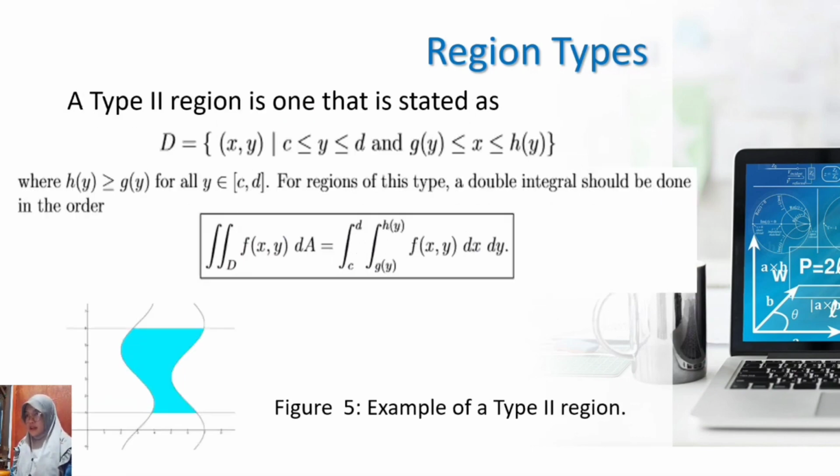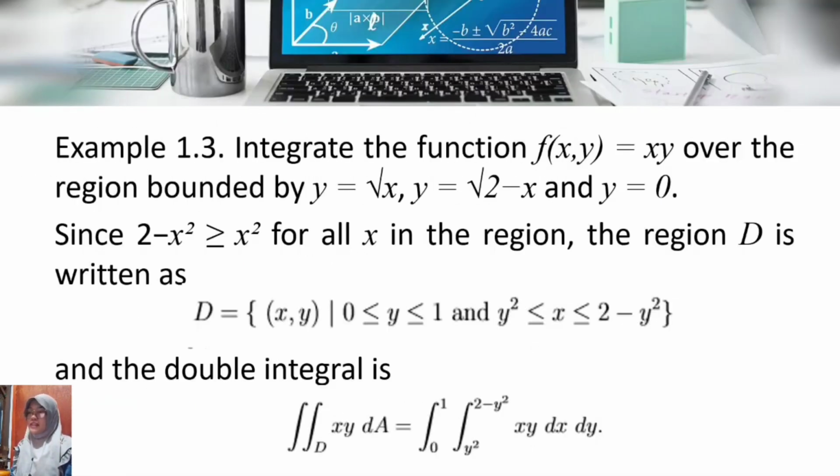So let's have an example. Integrate the function f of x and y equal to xy over the region bounded by y equal to the square root of x, y equal to the square root of 2 minus x, and y equal to 0.